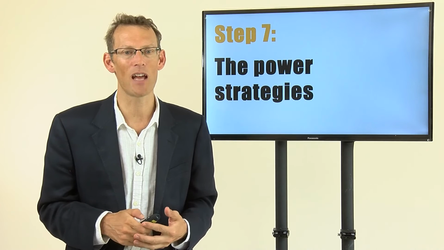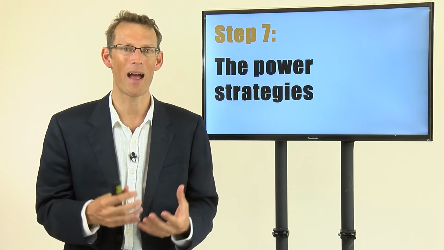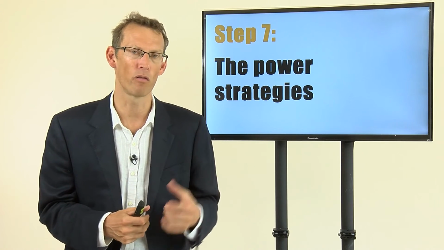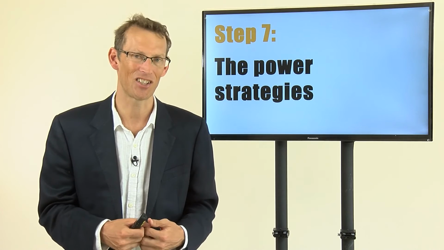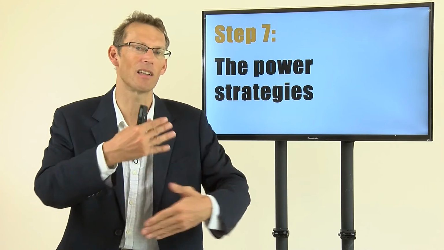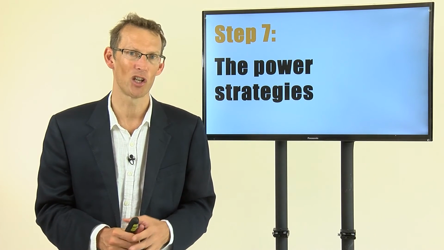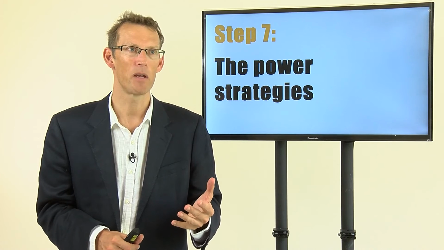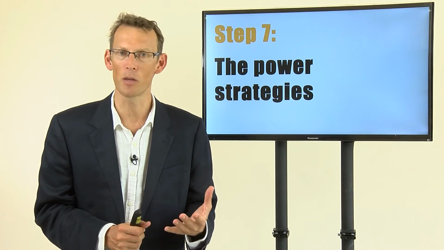And then finally, in step 7, before you then reveal that price, have a think about the power strategies. And I'll give you one for now. One of the power strategies is the power of testing. And what that means is that you must always continually test prices. There is no such thing as the right price. The right price doesn't exist because value is subjective. But there's always a better price.